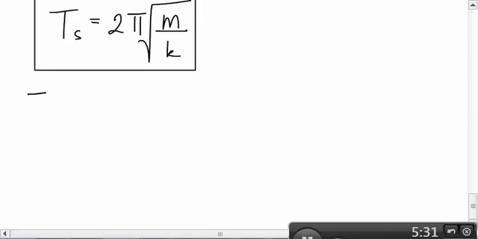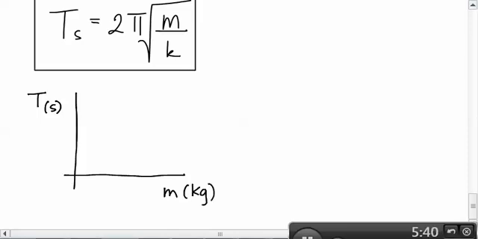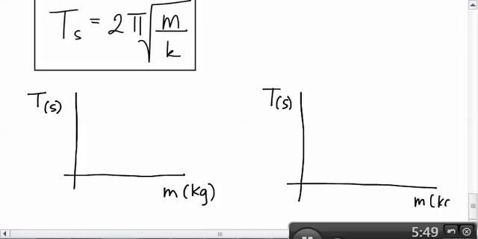So we had the period in seconds, and we had the mass, and I think y'all probably put it in grams, but I'm going to throw it in kilograms to be a good teacher. And then we had the second graph for the other group, with the mass in kilograms. And so there was a stretchy spring.